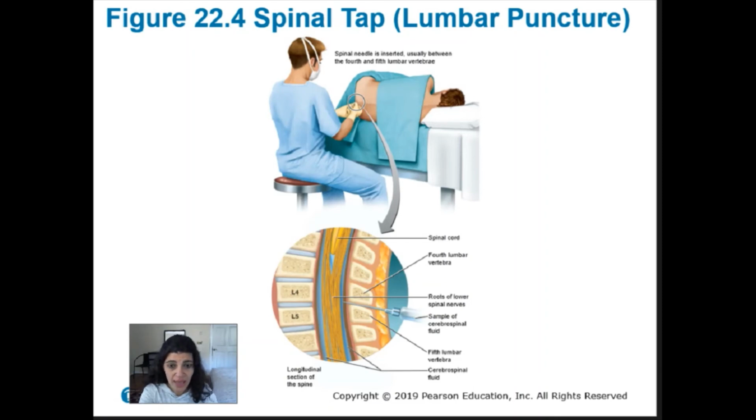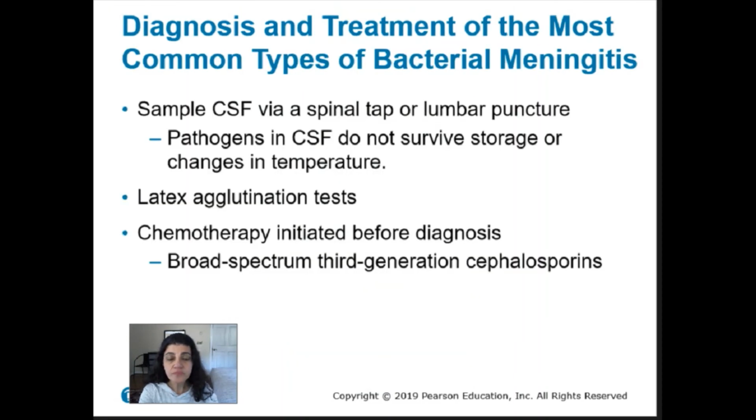You see this happens between L4 and L5, the lumbar vertebrae. There are other ways to detect it, like an antibody agglutination test. But a first test is to see if there are pathogens in the cerebrospinal fluid, and you do that by performing a gram stain.